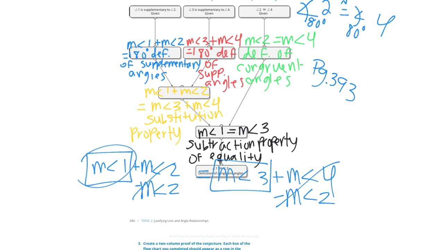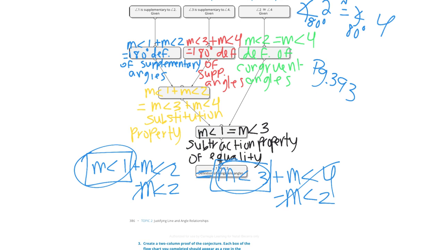And that leaves you with just the measurement of angle 1 is equal to the measurement of angle 3. I kind of wrote over it. But then that leads us to what we wanted to prove, that angle 1 is congruent to angle 3 by the definition of congruent angles. Because again, whenever two angles are congruent, they are also equal to each other, and vice versa. If they're equal to each other, then they're congruent to each other.